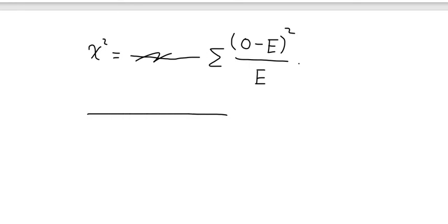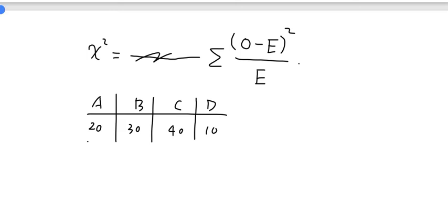So for example, we have a one-way table. Let's say we have four categories. Suppose the numbers are 20 here, 30 here, 40 here, and 10 here. So this is the observed value.